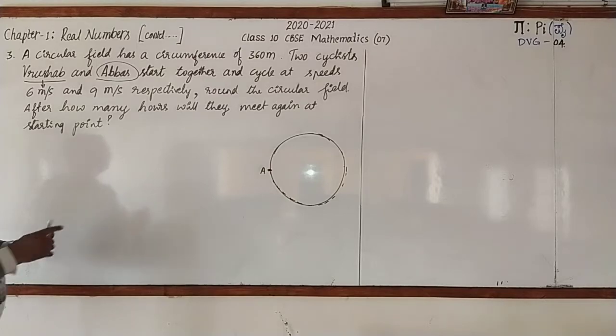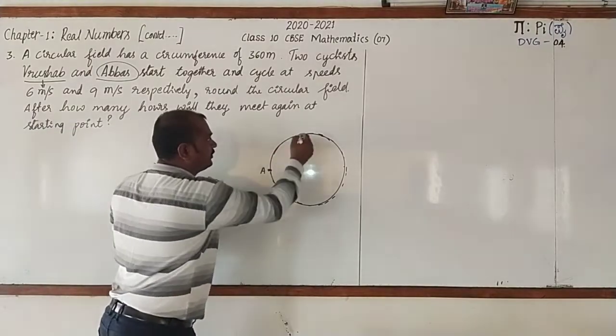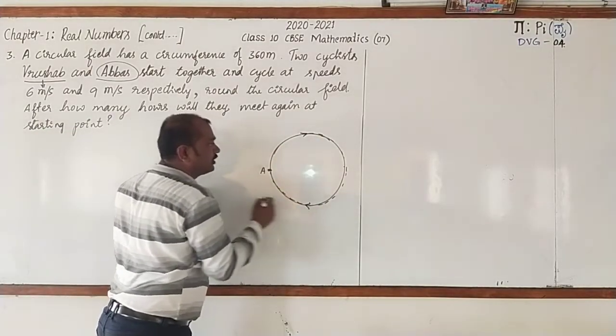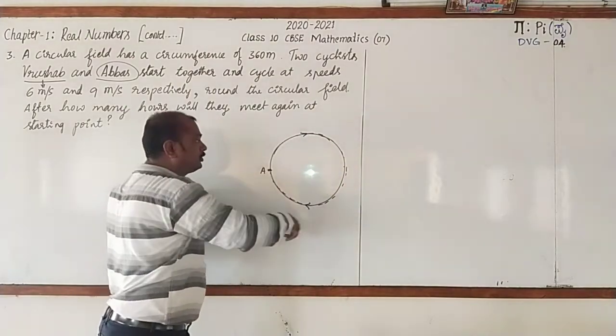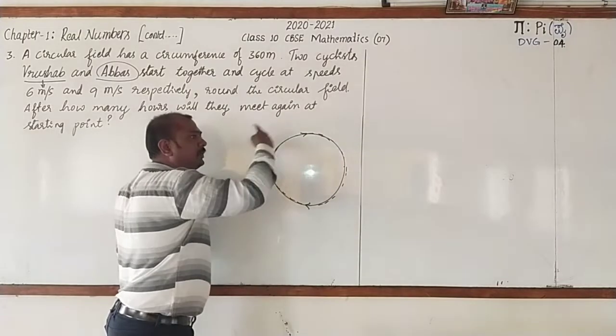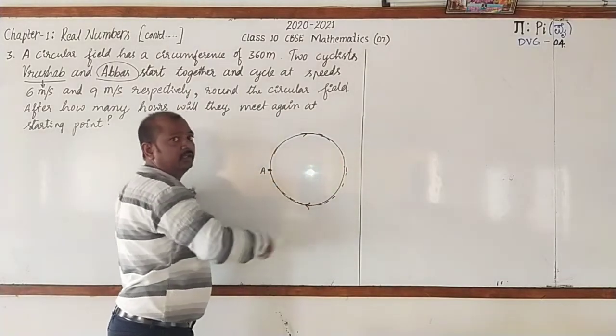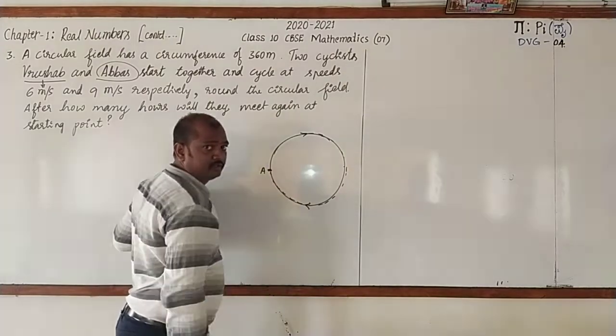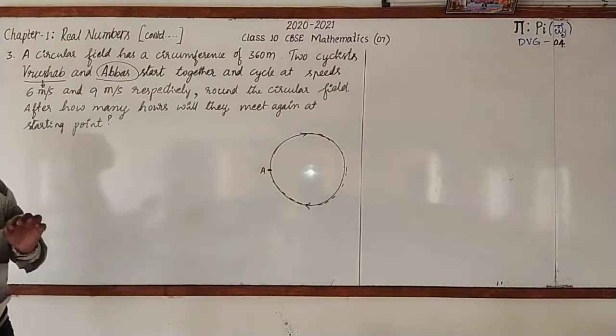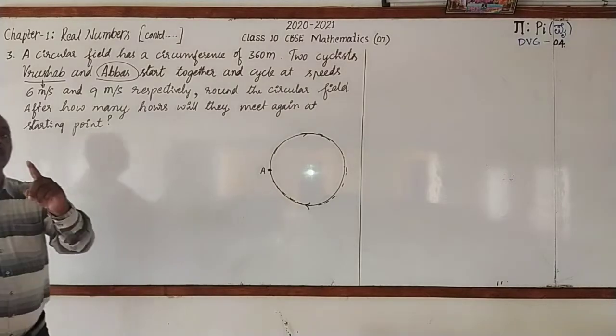Got it? If they keep moving around this circular field, then if they want to meet again, they should keep on moving continuously, right? Here it goes on being multiplied. Hence, does it belong to HCF or LCM?